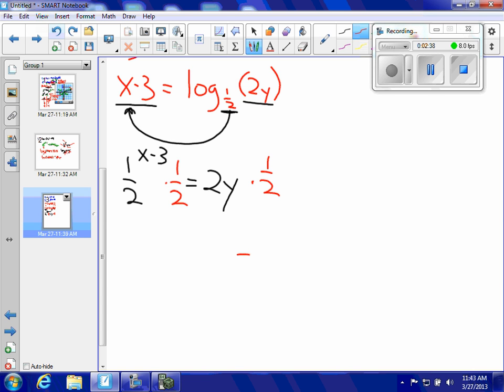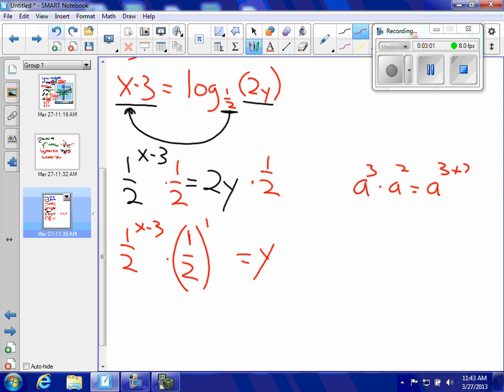So now on my right side over here, I have just a y. And on the left side, I have 1/2 to the x minus 3 times 1/2. And this is 1/2 to the first power. Well, what happens when I have a to the third times a to the second? I get a to the 3 plus 2.